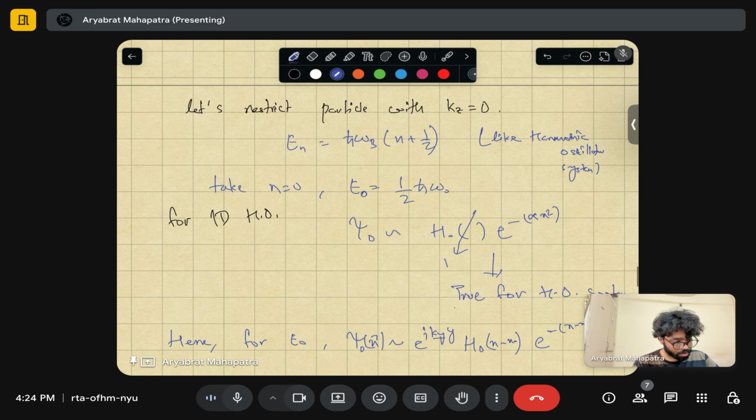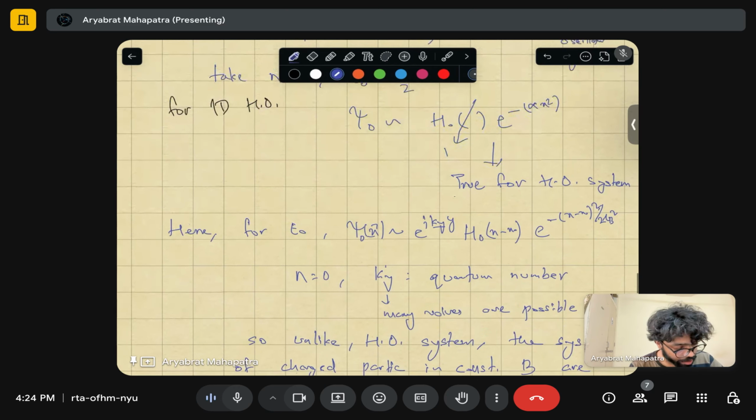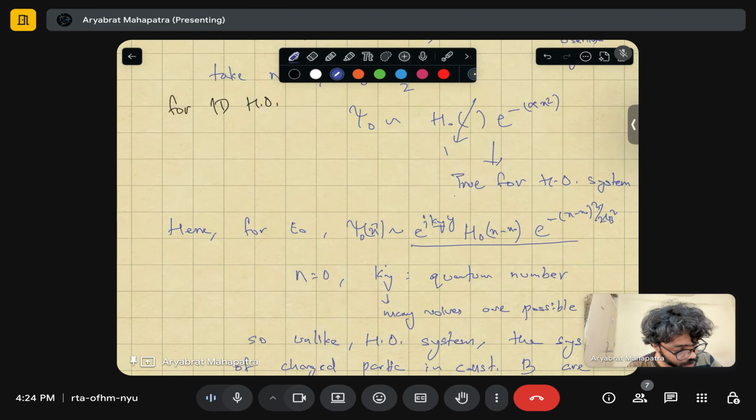But for the system which we have, the wave function depends like this. Other than the Hermite polynomial and the exponential, the Gaussian type behavior, we also have something exponential iky, which is plane wave behavior.